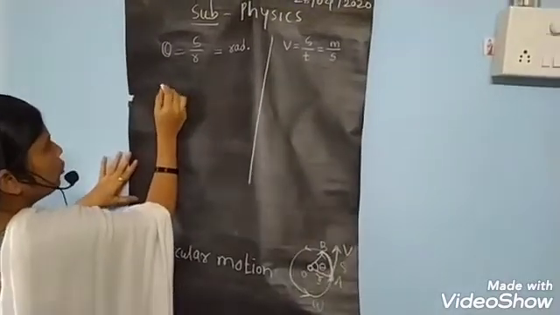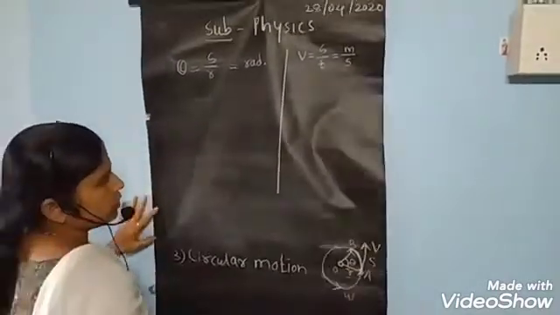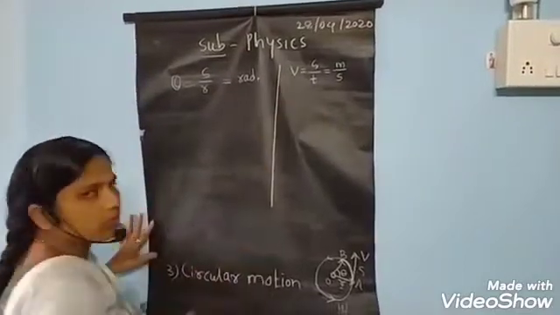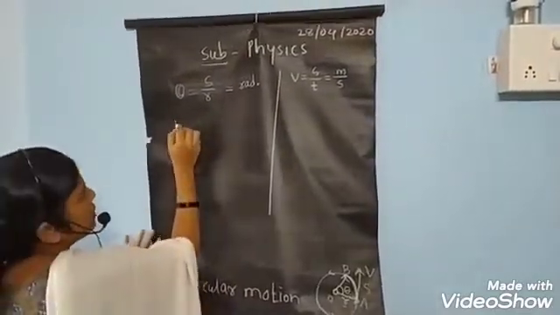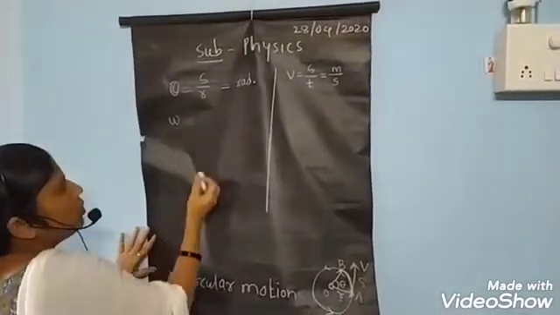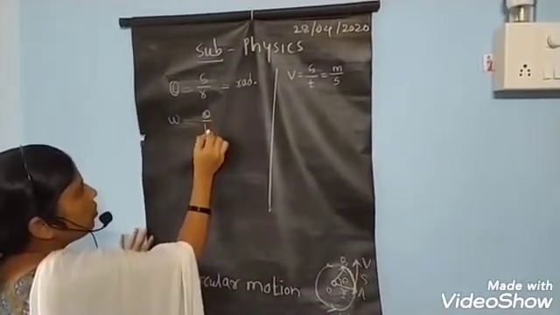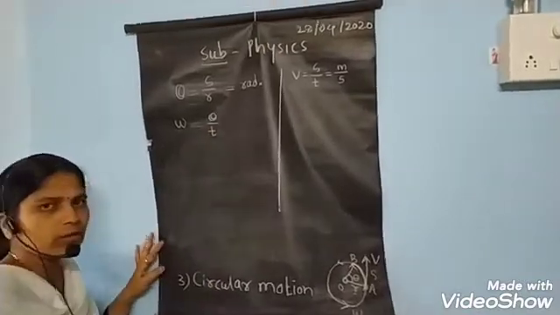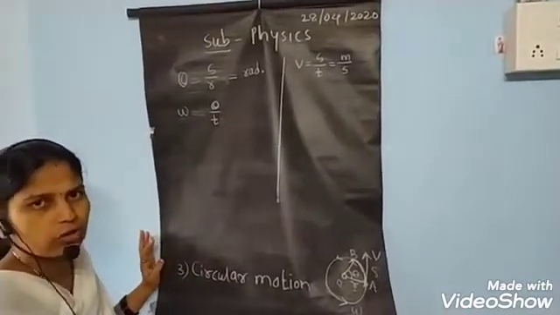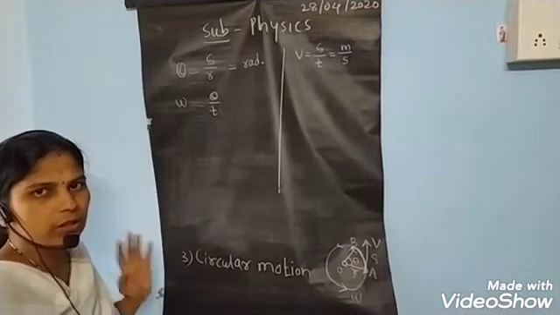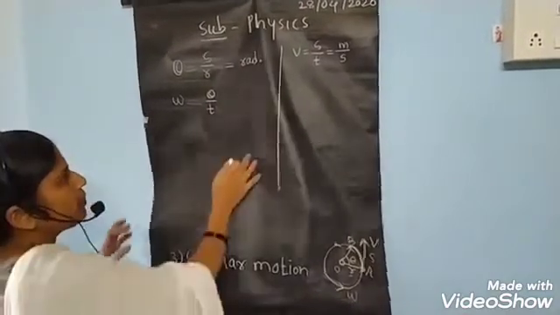Then, as with linear velocity, we find the angular velocity, given by the symbol omega. Omega is equal to angular displacement upon time. We already discussed this in 11th science.